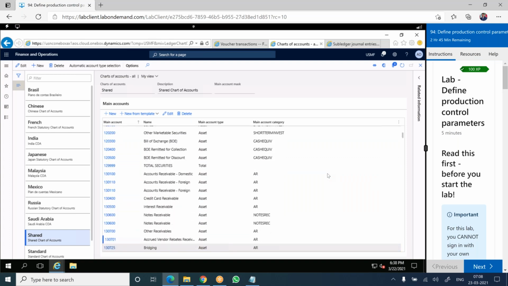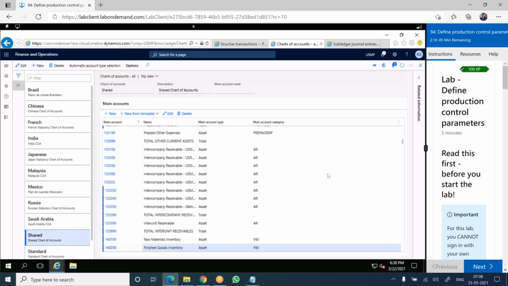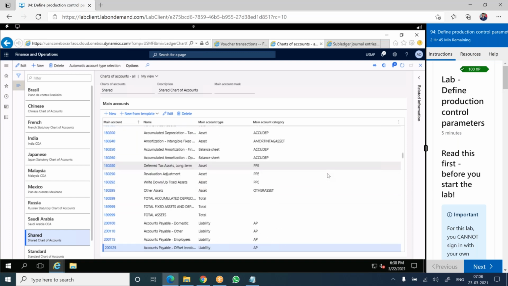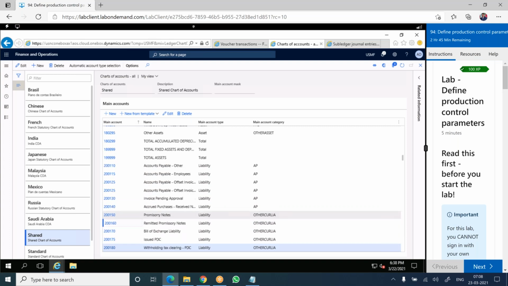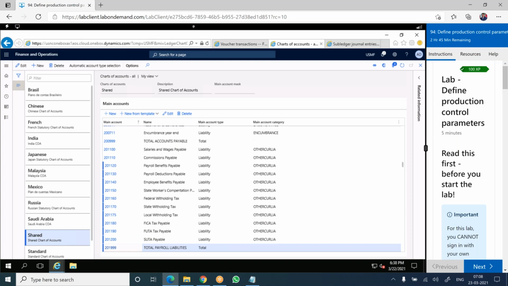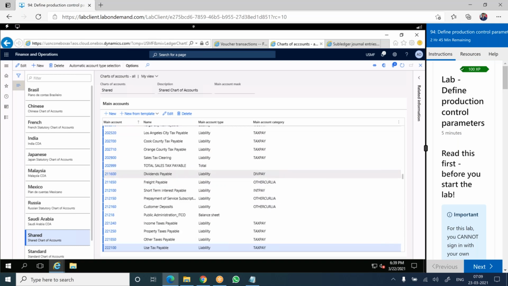Look at this one. The ledger accounts. There are many ledger accounts, and you can create your own number sequence. Next, 2 series is maintained as liability. You are going to configure this as per the client requirement.